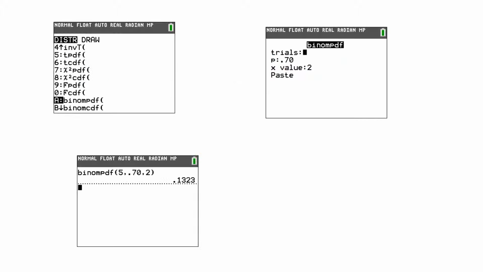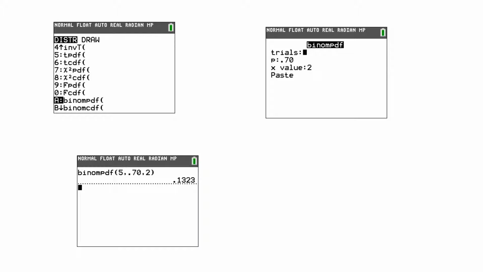First, if you are asked to find a single value using the binomial PDF function, using the graphics calculator, press Second Variables, scroll down and select the binomial PDF.